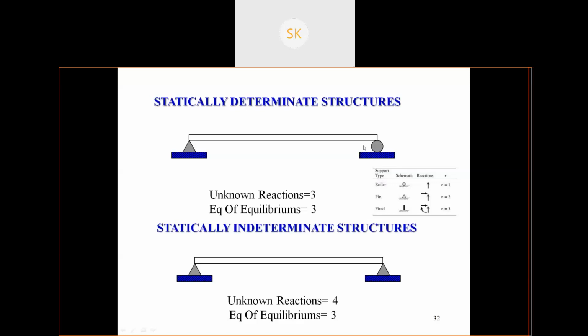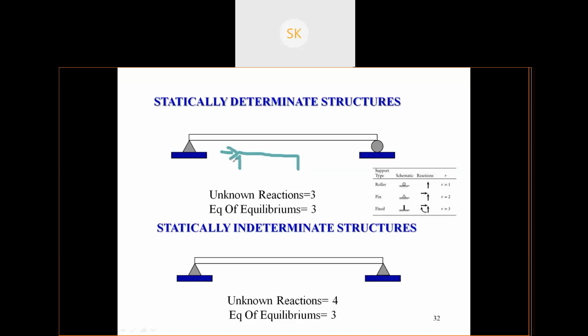Okay, see this beam, which is supported on a hinge support and a roller support, right? If you want to draw a free body diagram of this, the diagram will be somewhat like this.